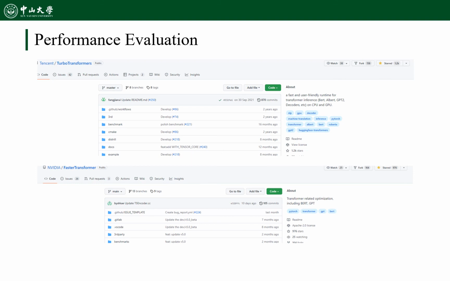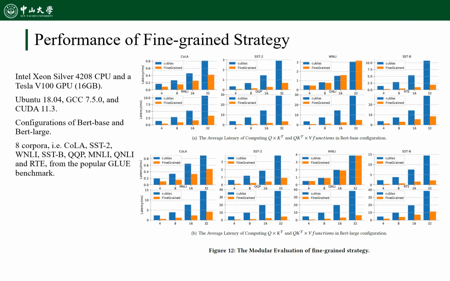In comparison, as Turbo Transformer and Faster Transformer both use the cuBLAS library to compute QK and QK softmax function, we take the cuBLAS library as a baseline. This is the latency of computing QK and QK softmax function of processing 8 corpora.